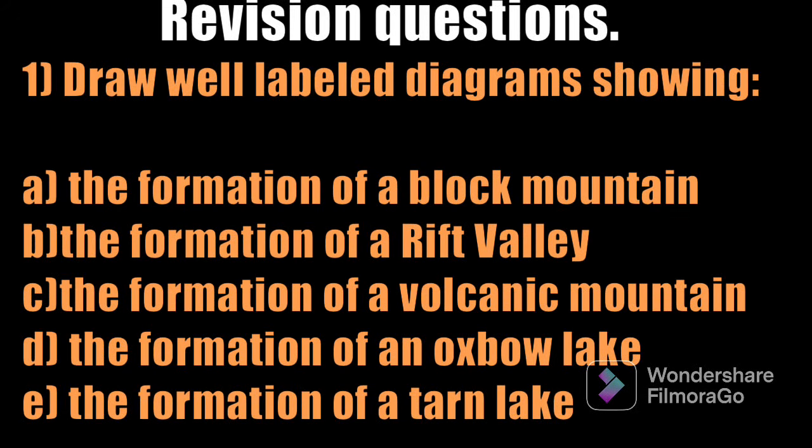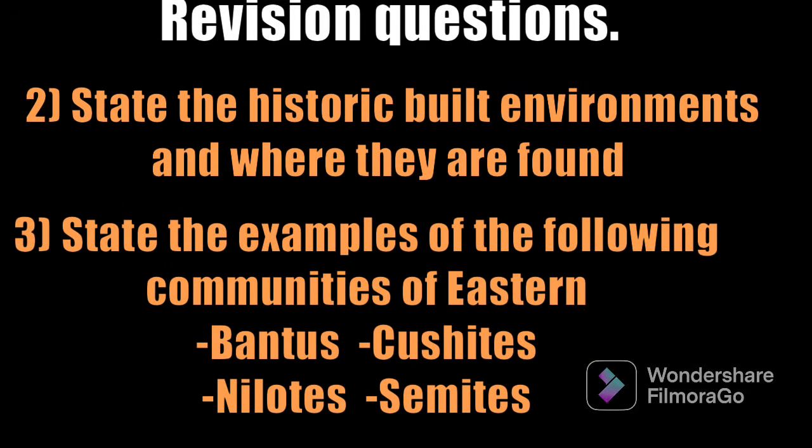The formation of a tarn lake. Number 2. State the historic built environments found in Eastern Africa and the countries where they are found. 3. State the examples of Bantus, Cushites, Nilotes, and Semites and where they are found in Eastern Africa.